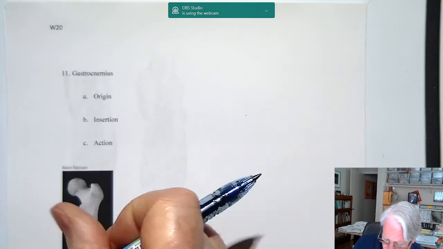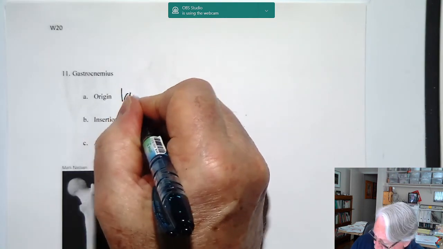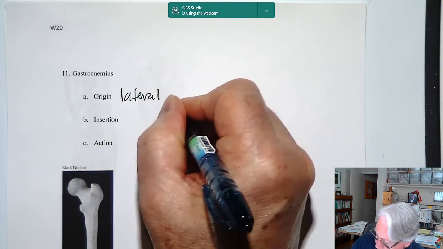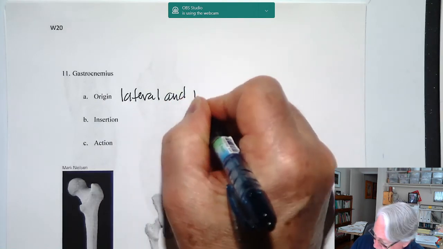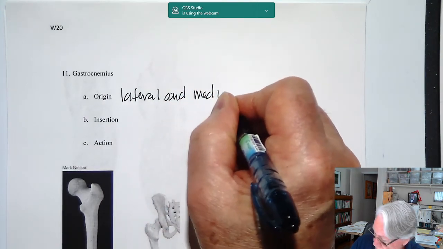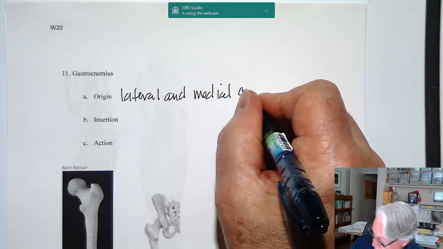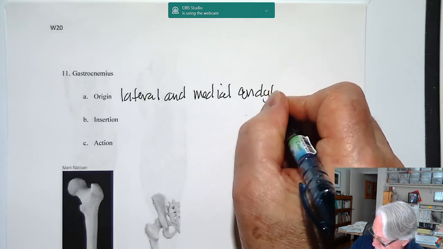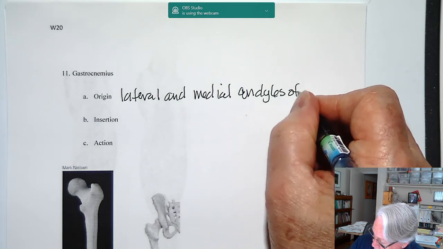So the origin is the lateral and medial condyles of femur.